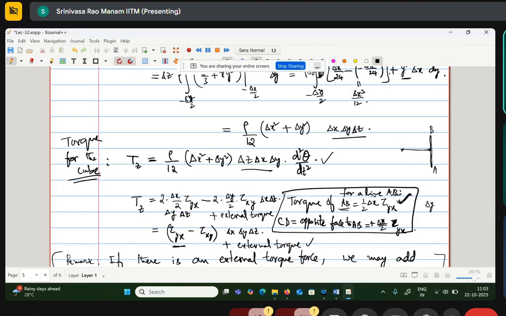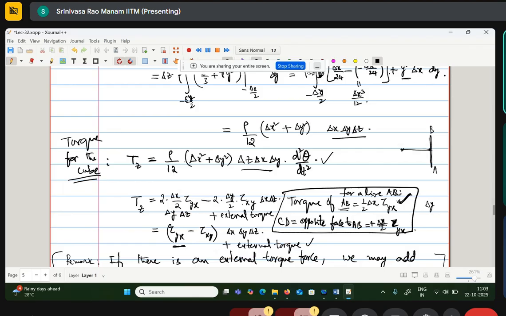The second one will be between A to C, right? A, B, C, D you have done. So then A to D and B to C, if you calculate, that becomes tau xy. Similarly, that is the second one.